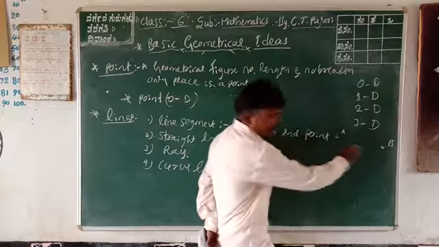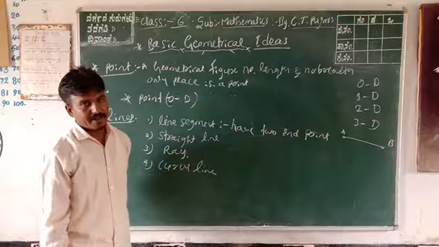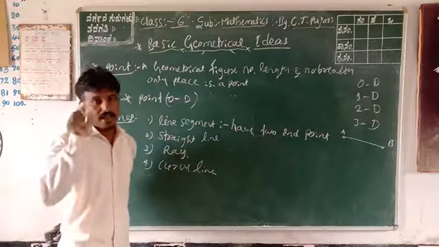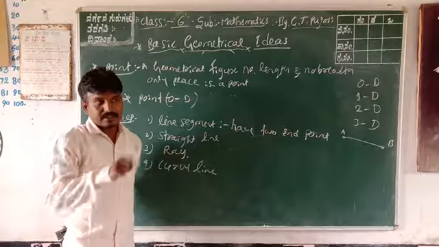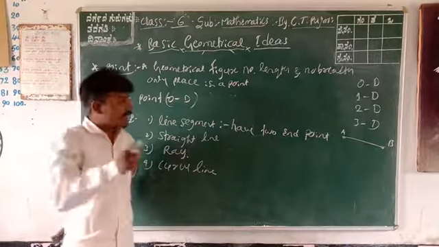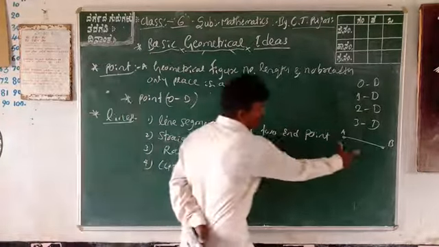The line joining A to B is a line segment. In your rectangle, the sides are line segments because they have only two endpoints.